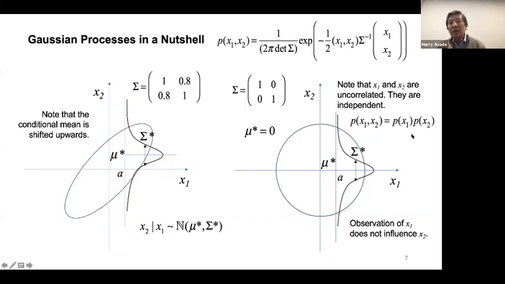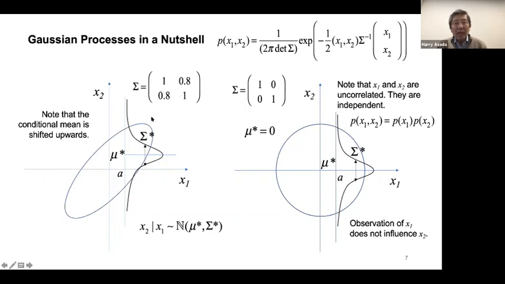So even though you get the value of x1, it doesn't help to predict x2, right? As you can see, this is a pure circle case, and I cut it at the line x1 equal to a. You get some distribution that is completely symmetric, and the mean value doesn't shift in any direction. That agrees with our observation. This is independent, so conditioning doesn't mean anything.